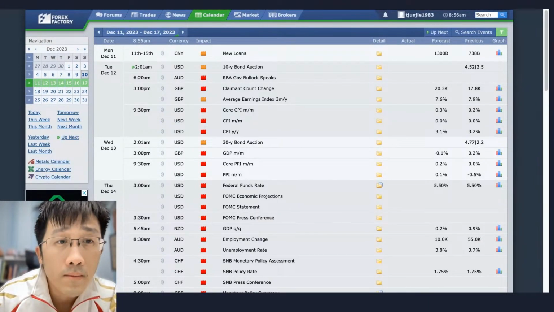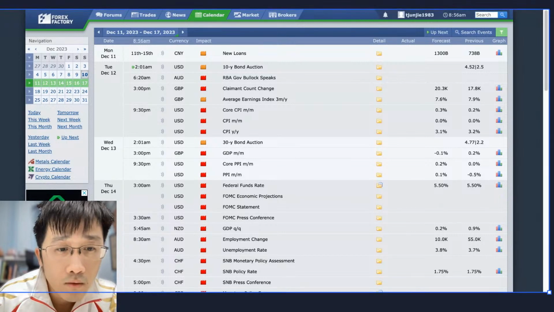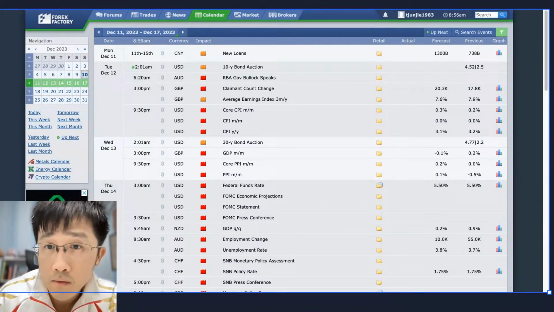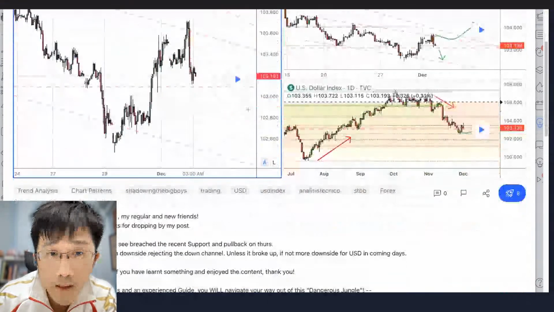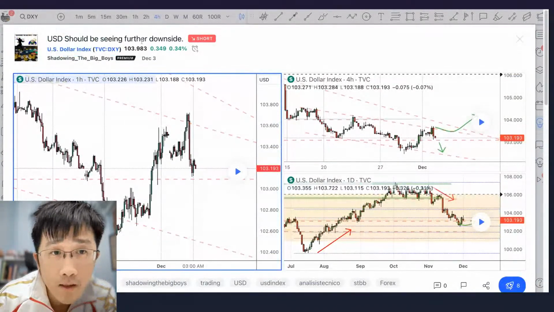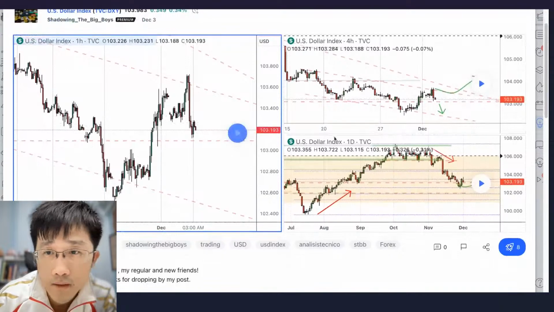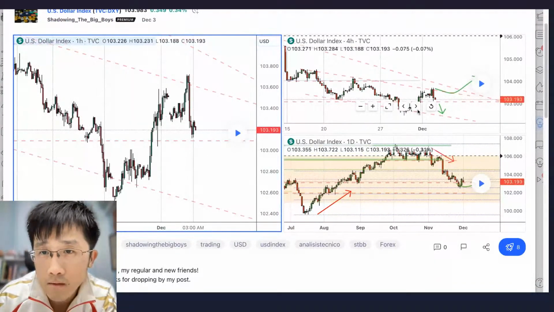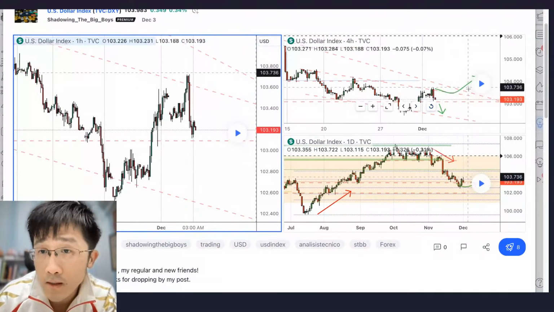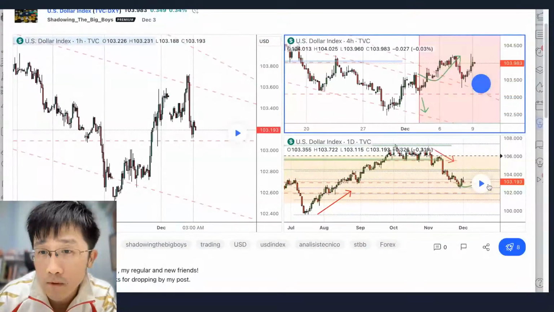So let me toggle right back to the chart itself. For the trading day, I mentioned that there should be further downside, because this down channel is still intact. As long as this down channel doesn't break, it is still downside for the USD.